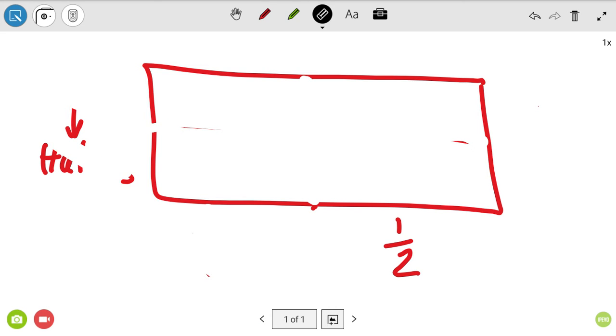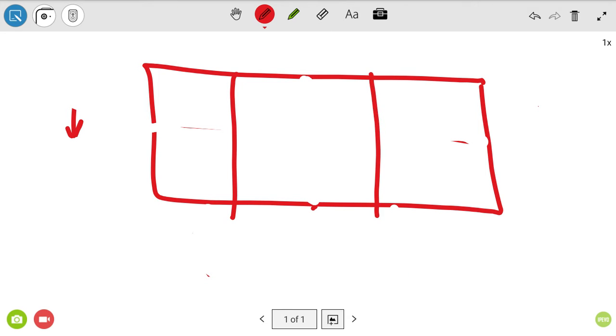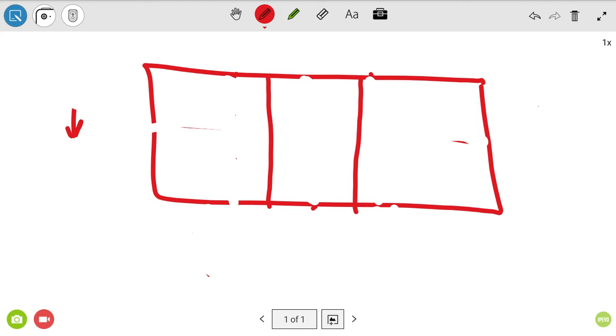Now I want to partition this whole into thirds. That's going to be 3 equal parts. Okay? So 1, 2, 3. Now when I look at this, my parts are not very equal, so I might want to erase that and try to make them more equal, but they do not have to be perfect. Okay, so let me do about right here, maybe right here. Okay, each one of those is going to be a third, so it's going to be 1 out of 3.